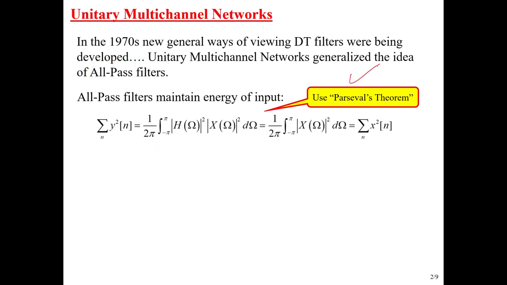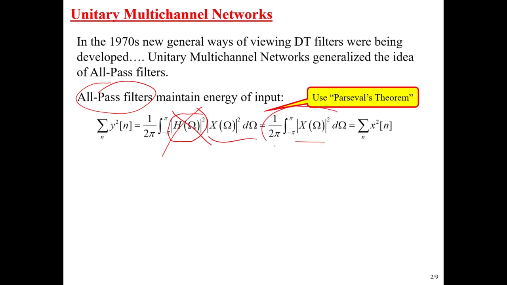And Parseval's theorem says squaring and integrating in the frequency domain is equal to squaring and summing in the time domain. Then we say, well, since this is constant for an all-pass filter, and we can really set it to be equal to 1, that's the most obvious scenario for an all-pass filter, that goes away and we're left with just the x.